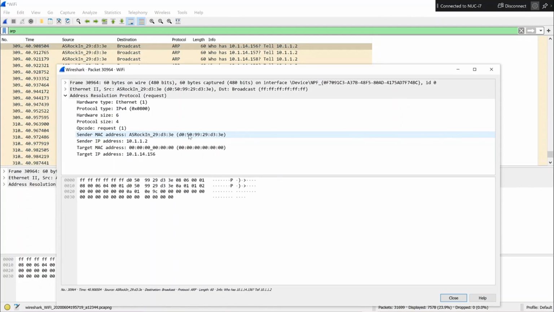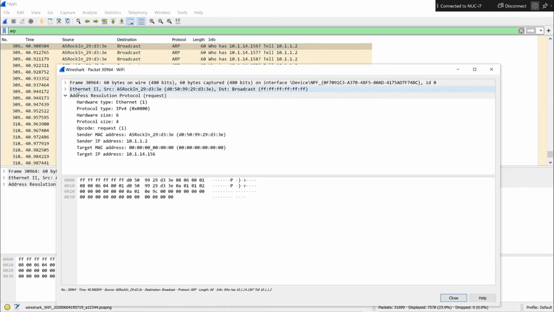You can always also see in brackets that it gives you the vendor code in hexadecimal. For any given company, they will probably have more than one vendor code, so that one happens to belong to ASRock, but I wouldn't be surprised if ASRock has a number of vendor IDs. And then the target IP address, what is it looking for? What does it want to have resolved? So pretty simple, and you can see that I am indeed seeing a lot of those requests on my network.